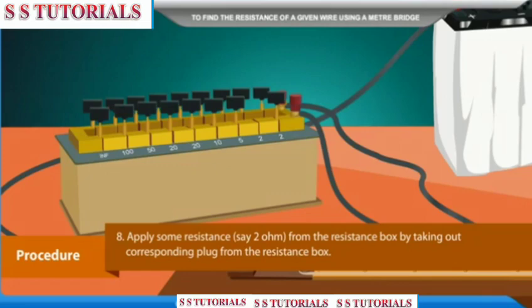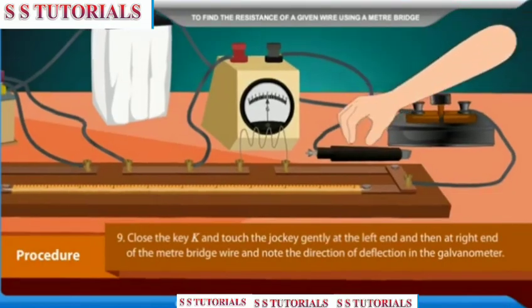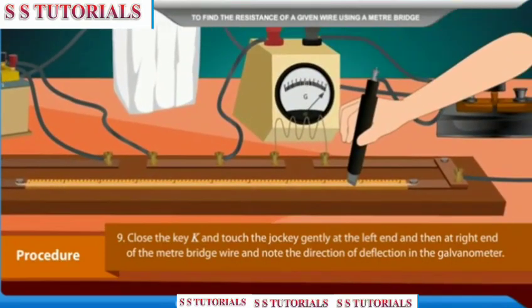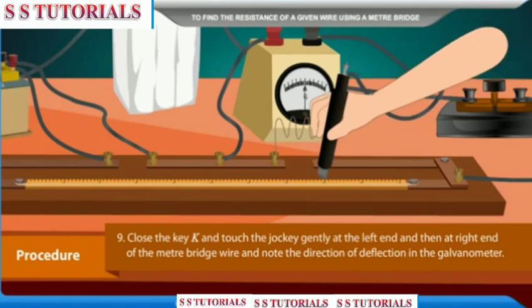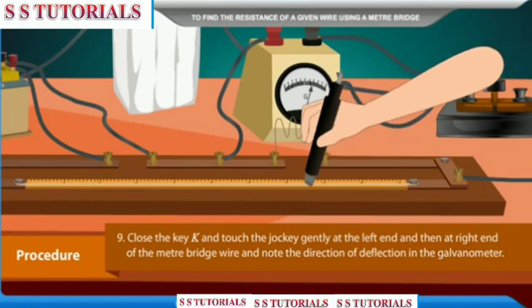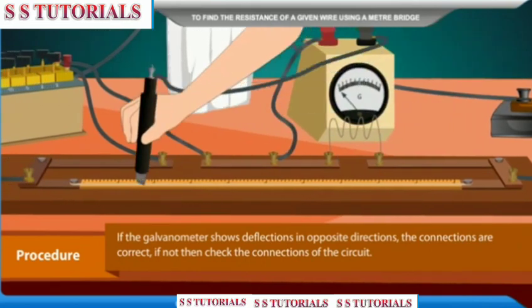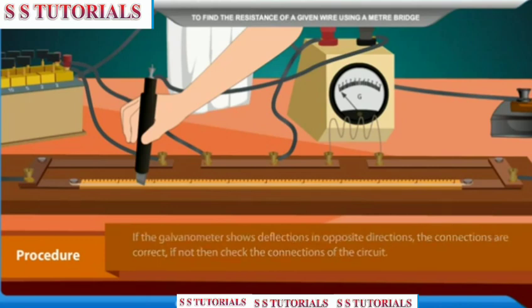Close the key K and touch the jockey gently at the left and then at the right end of the meter bridge wire and note the direction of deflection in the galvanometer. If the galvanometer shows deflections in opposite directions, the connections are correct. If not, then check the connections of the circuit.